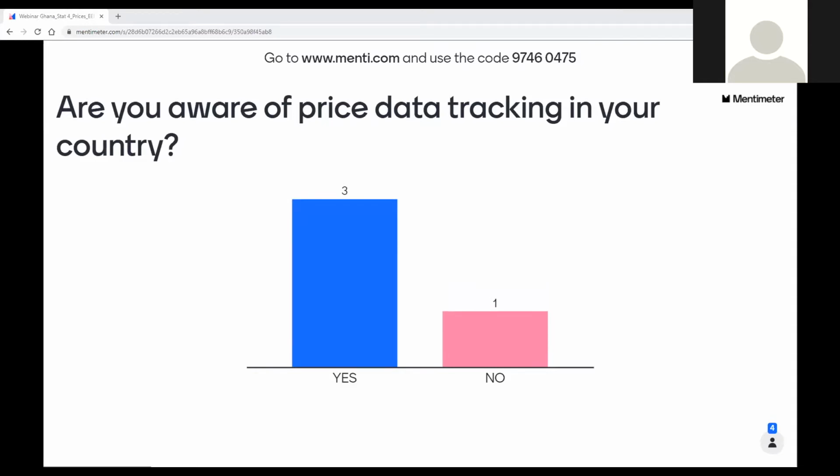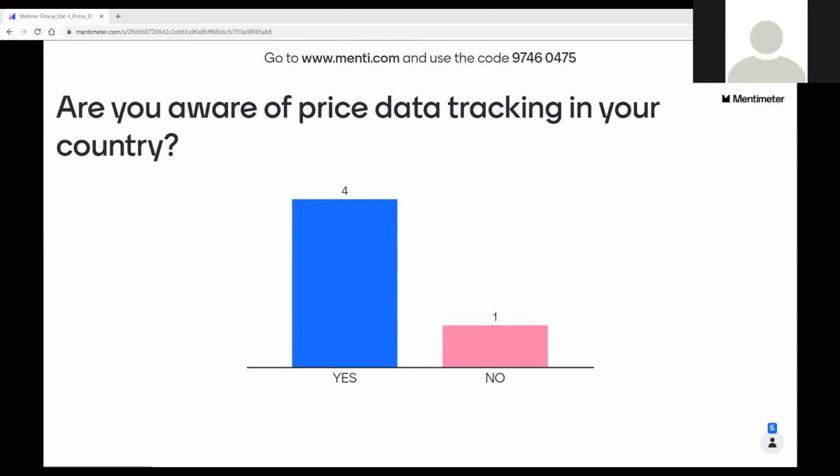So now we have 3 that says that they know that there is some prices data collection happening. I see in the Q&A box that someone said no, but I think now the sound is good.